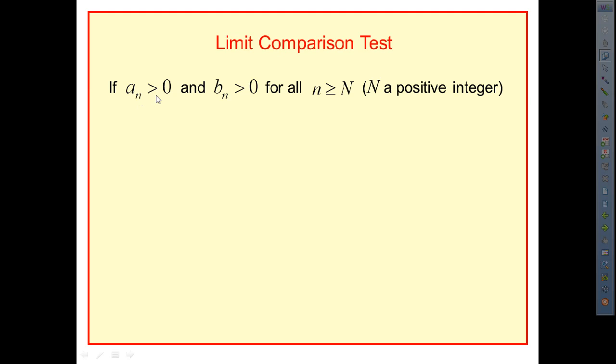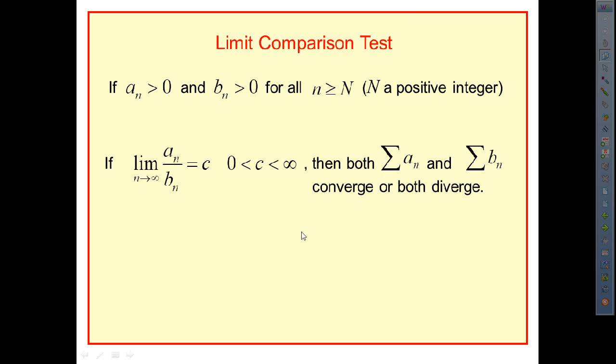If a sub n is greater than 0 and b sub n is greater than 0 for all n greater than or equal to capital N, where capital N is a positive integer, and if the limit as n approaches infinity of a sub n over b sub n equals c, some constant, and c is between 0 and infinity, so it's positive, then a sub n and b sub n both converge or both diverge.